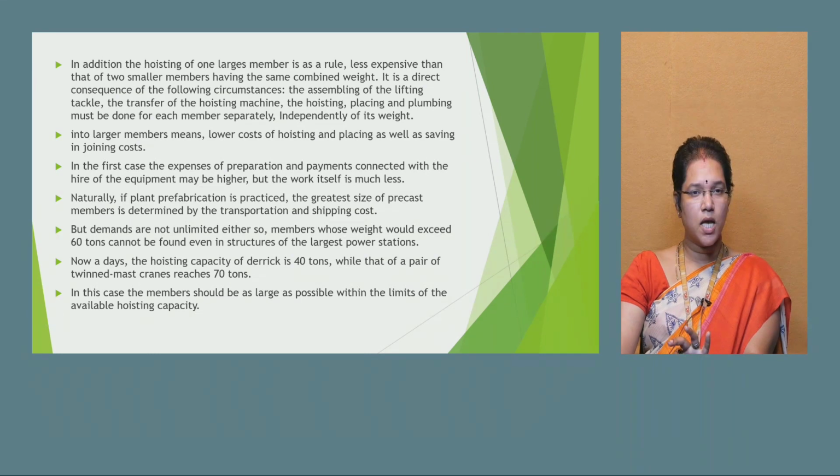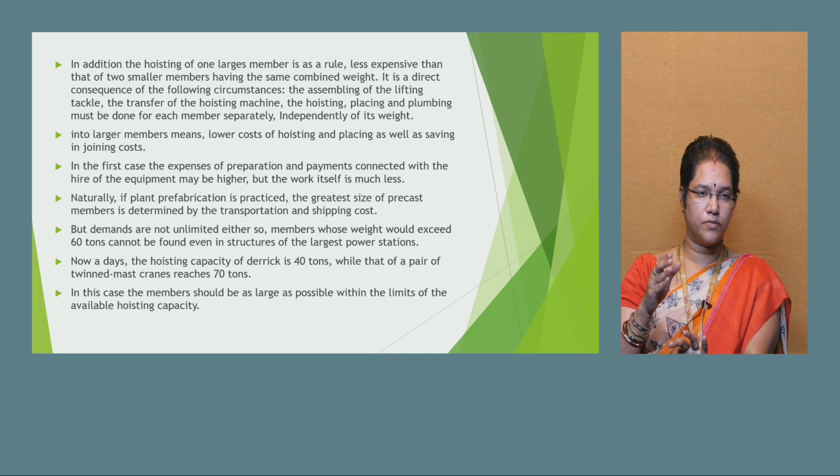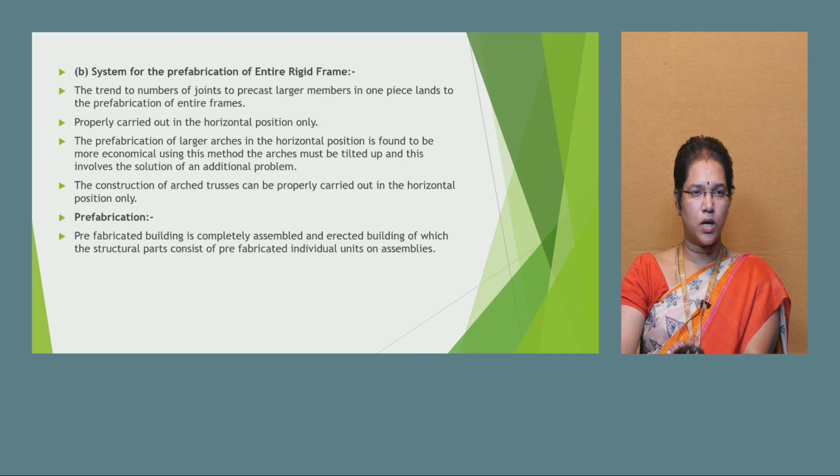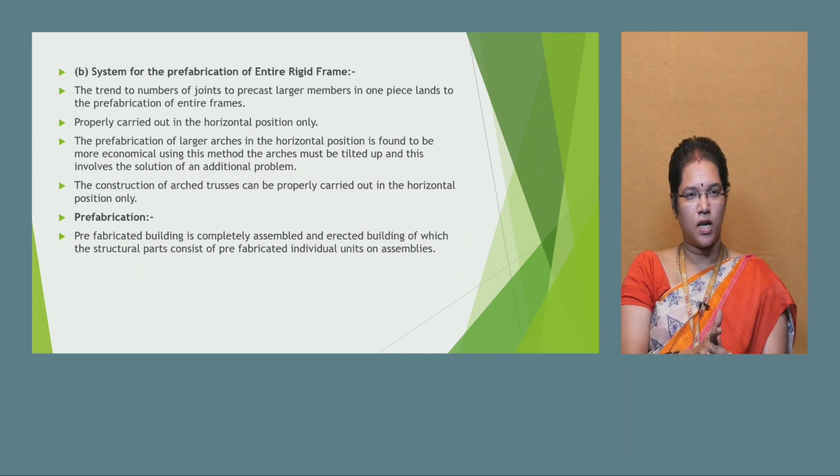Based on the maximum capacity of the equipment we will be placing the materials, and the materials will be shifted partly. Then come the linear members and distinguished joints. The disadvantage of the system is the joints at the corners, which are mostly difficult. The difficult one means the entire rigid frame lies in a horizontal position, and this is somewhat difficult when placing the element.